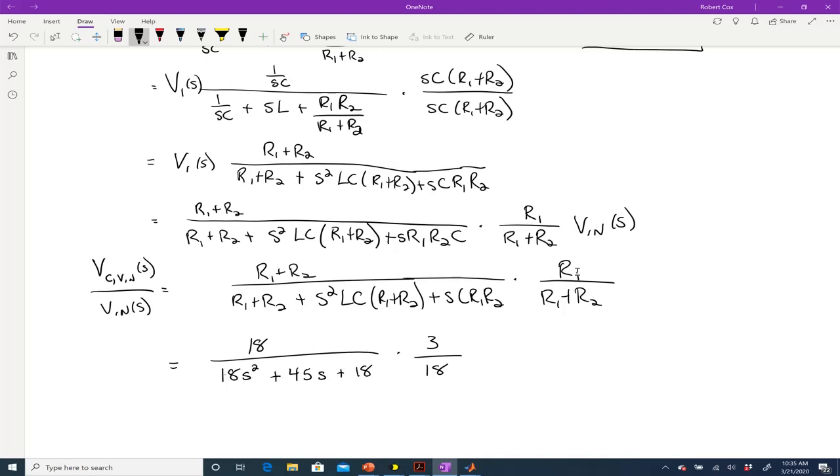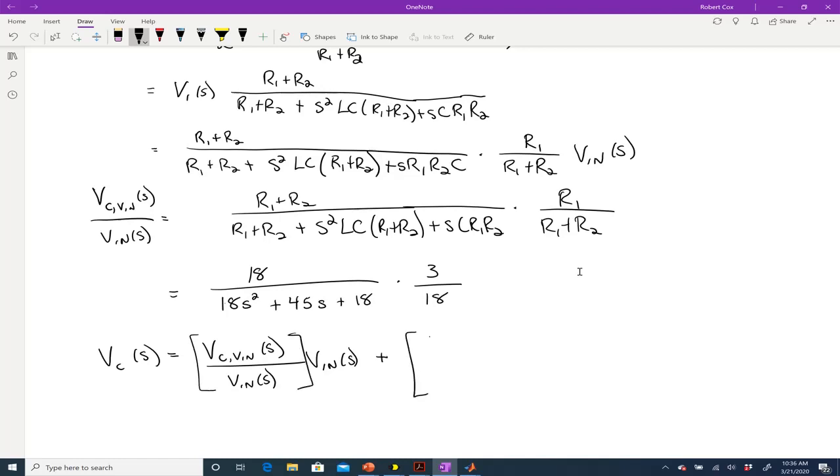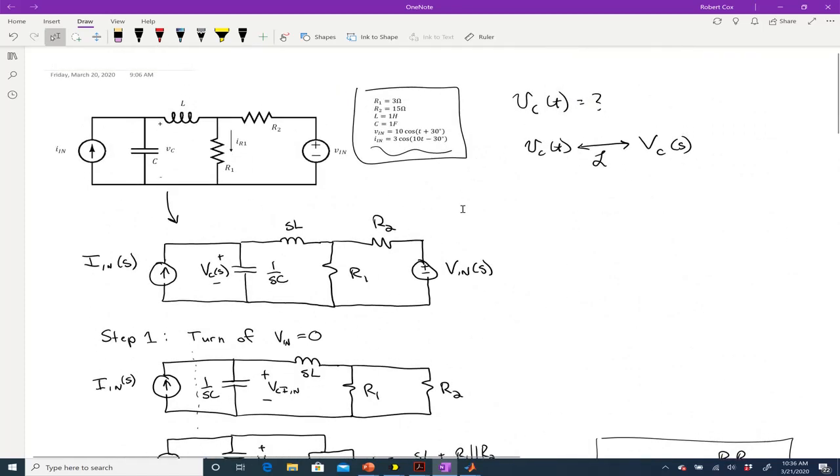If I wanted to get the final result, what I have right now is that V sub C of S would be equal to V sub C Vin of S over Vin of S, that's the transfer function from Vin, all of that times Vin of S, plus V sub C In of S over In of S, all times In of S. So I could use this expression right now to find the result for the total voltage if I wanted to.